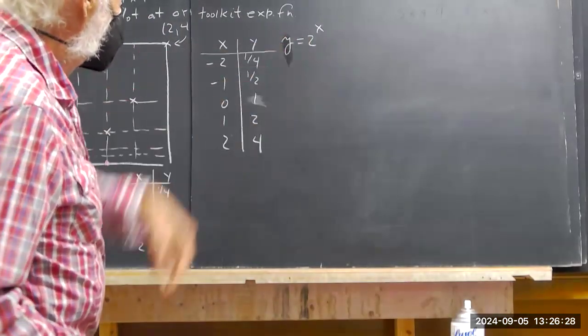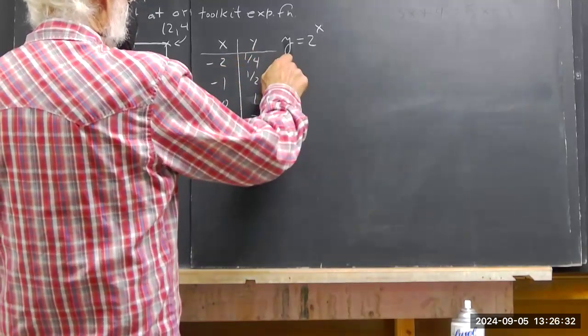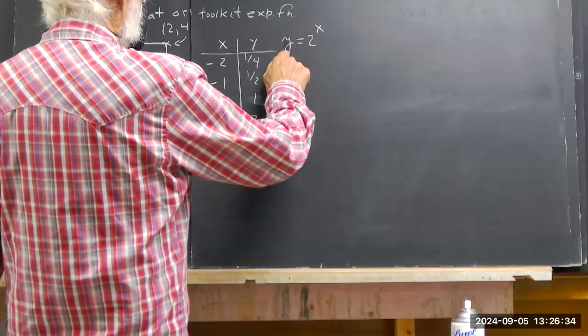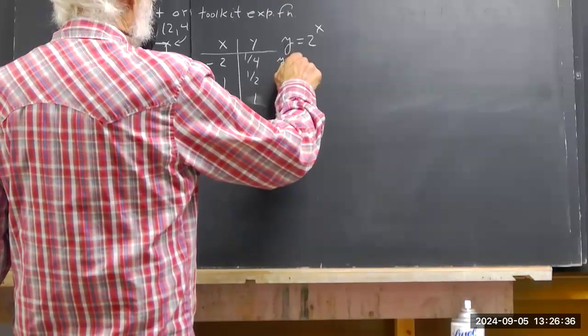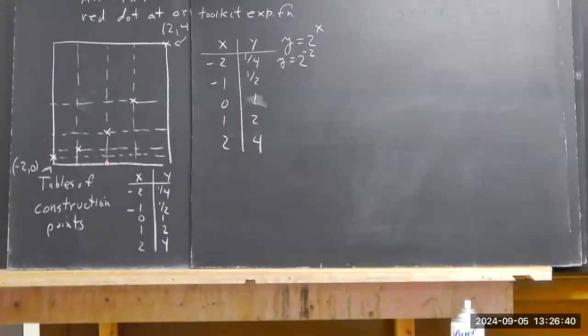Okay, Y equals 2 to the X. So here, Y equals 2 to the -2.